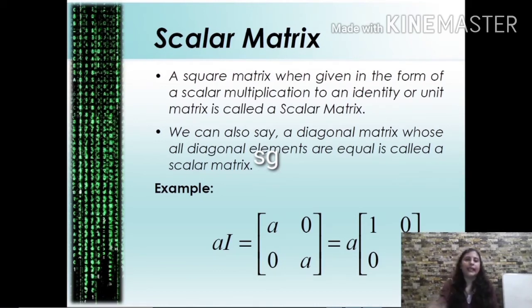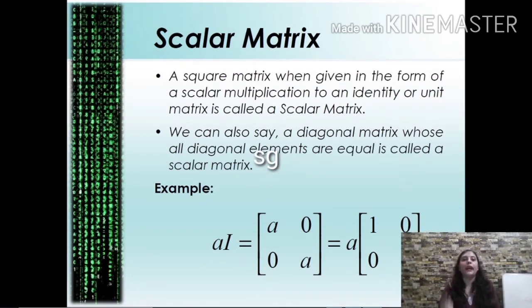We all know that a unit matrix of the order 2 cross 2 will be 1, 0, 0, 1, right? Now if I multiply A to it, A will be multiplied to all the rows and all the columns. Since multiplying any scalar with 0 gives us 0, obviously the second term in the first row and the first term in the second row are 0.